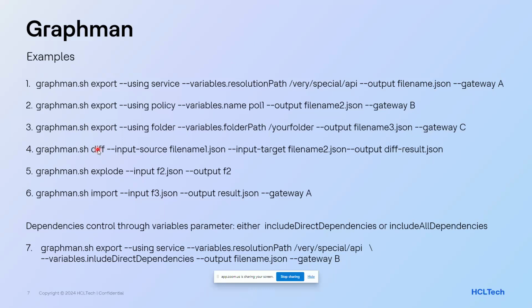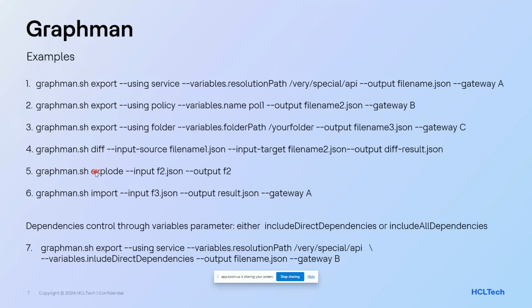So it's a very handy and helpful tool when it comes to having control over your deployments. We use this diff capability especially when we do a rollback from a certain deployment back to a previous state.